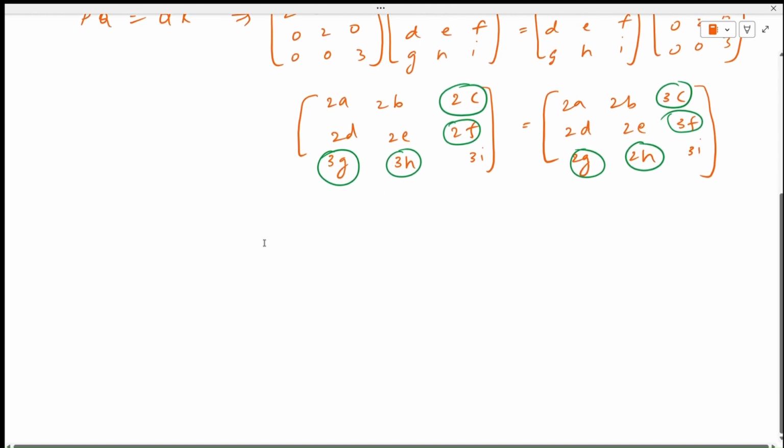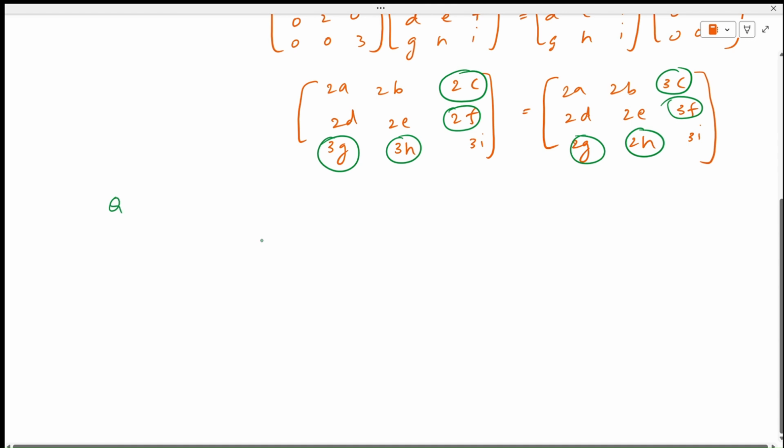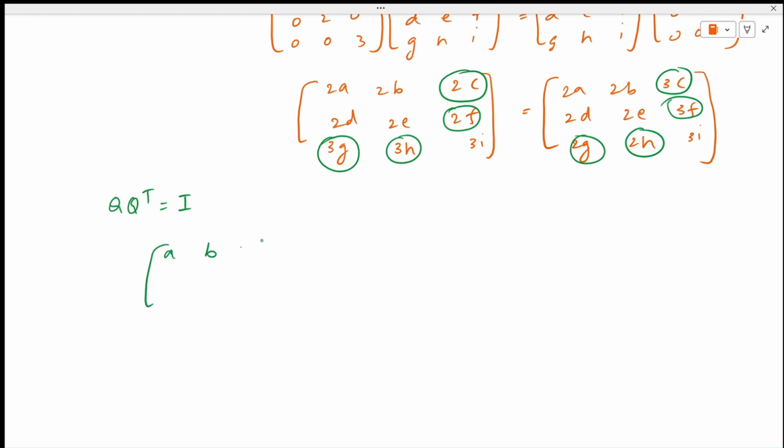That means Q into Q transpose is equal to the identity matrix. What is Q? A, B, 0, D, E, 0, 0, 0, I into, if we transpose, we'll get A, D, 0, B, E, 0, 0, 0, I. And this should be equal to I.